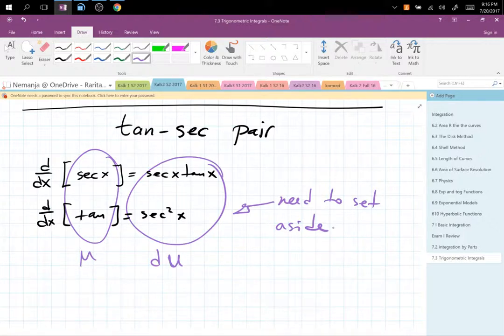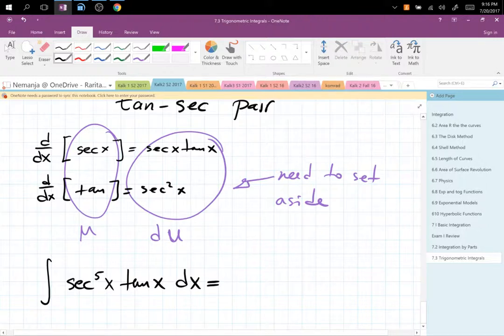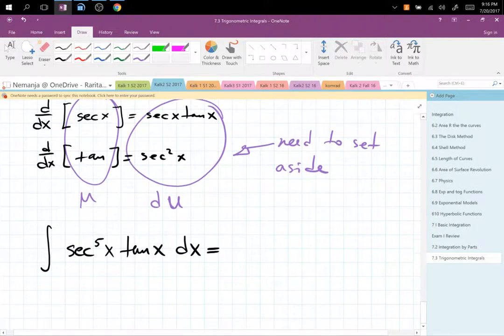Let's start with an example. The integral of secant to the 5th x tangent x dx. So this is our first example.